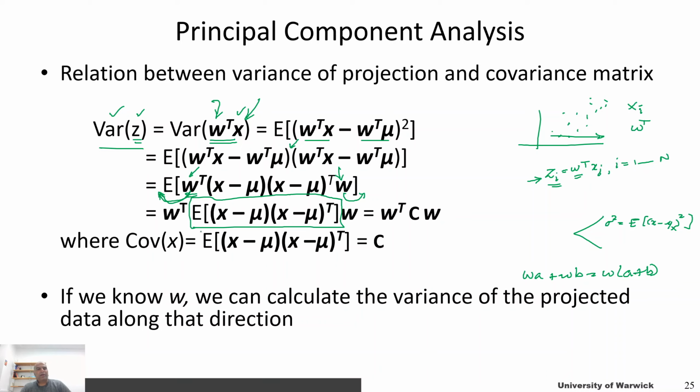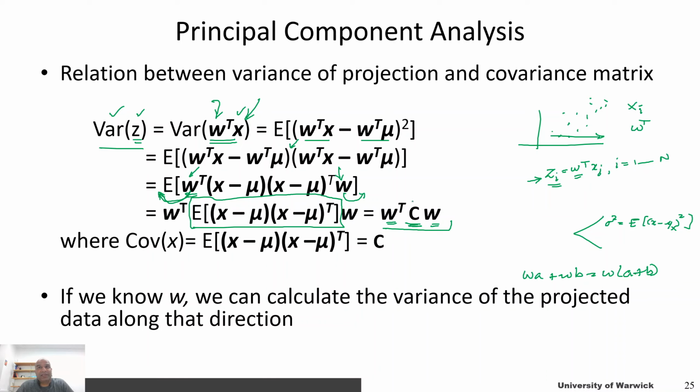And if you've seen our previous video on covariance matrices, then what is in the middle is the covariance matrix of the data, and we call it C. So this is the proof that shows that the variance of the data after you project it along a direction W can be expressed very simply as W transpose C W.